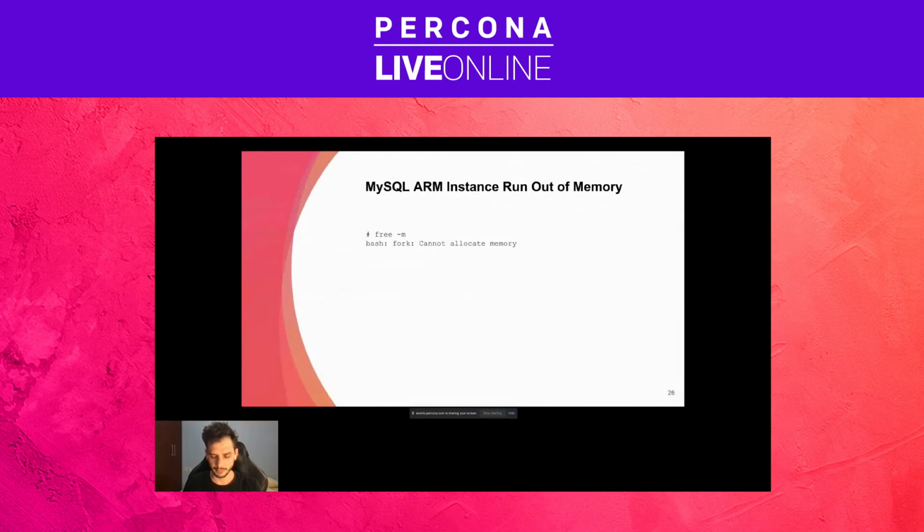The first problem, as you remember from the last slides, on OLTP, I was not able to run 512 threads for ARM. The reason is that my instance ran out of memory. I checked x86, and it was handling everything perfectly, no memory leak, everything running fine. For some reason, I was not able to do anything on the ARM instance until I restarted it.